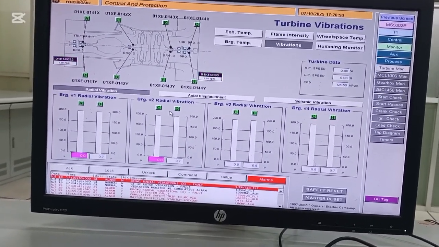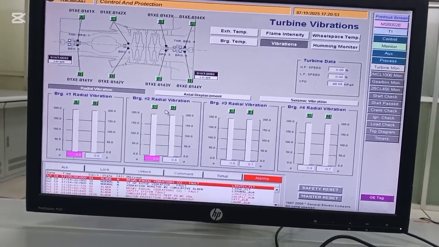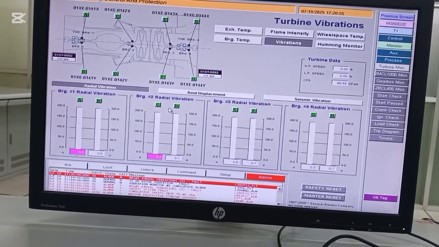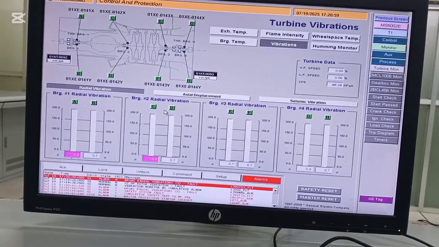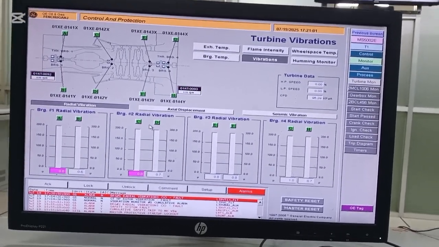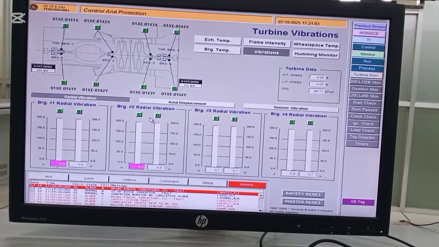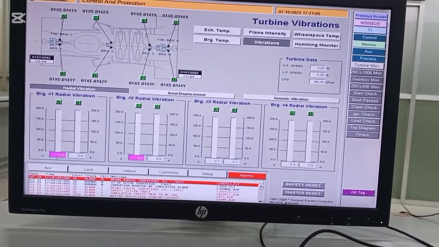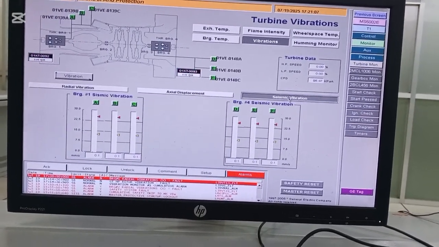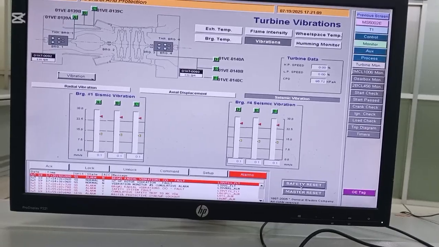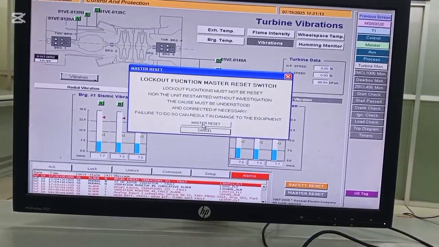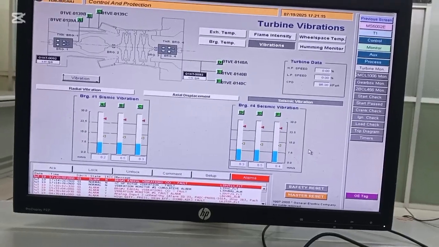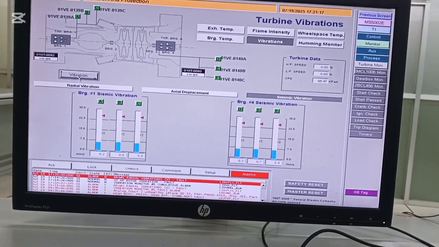When the fault exists, we also observed that for the radial vibration sensor 24 volt is used, and the voltage was fluctuating a little, and on the other hand for the seismic vibration sensor the supply voltage is 6 volt DC, and it was also somewhat fluctuating.